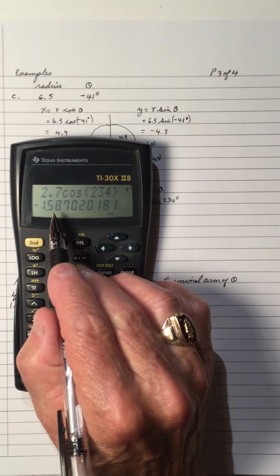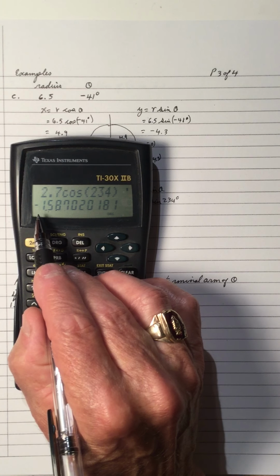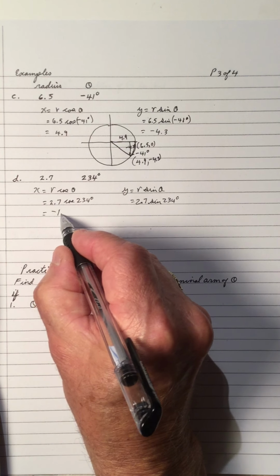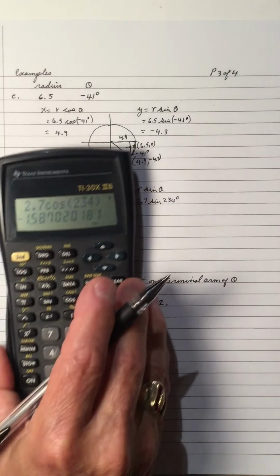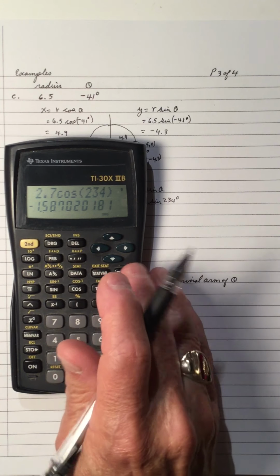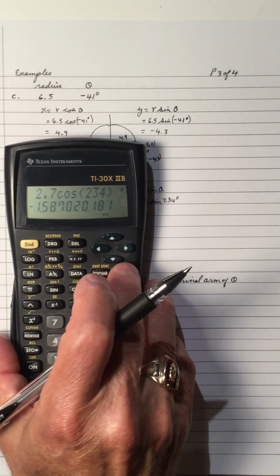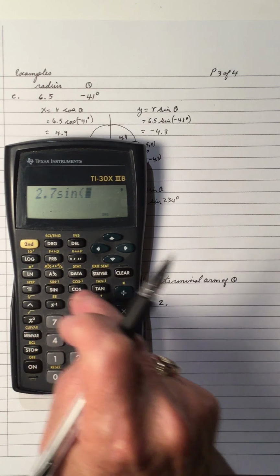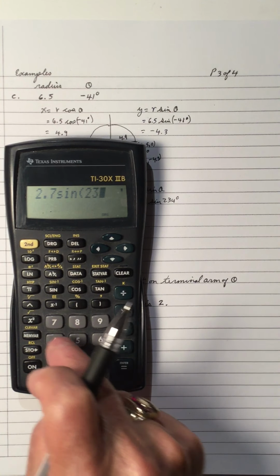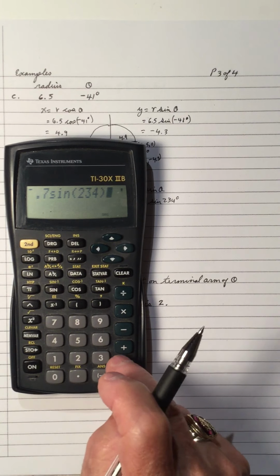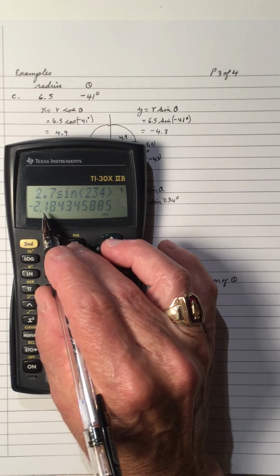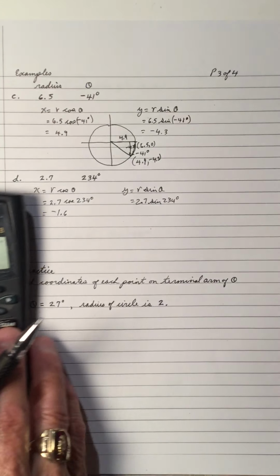And we get, to the nearest tenth, a negative 1.6. And we'll do the sine, clear that. So we get 2.7 sine of 234, and we get negative 2.2, rounded to the nearest tenth, negative 2.2.